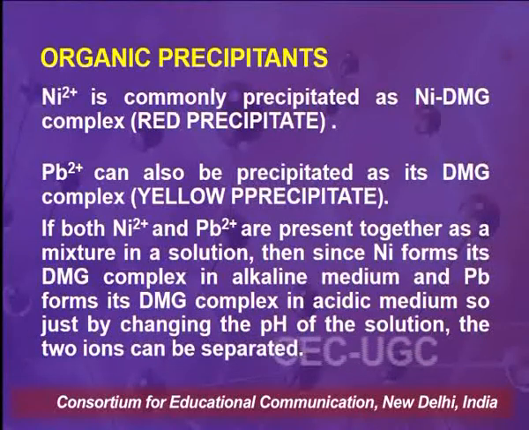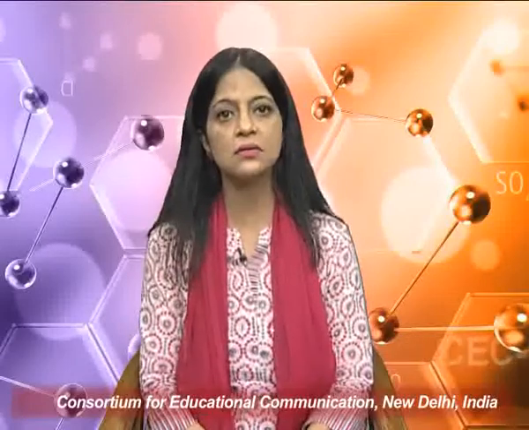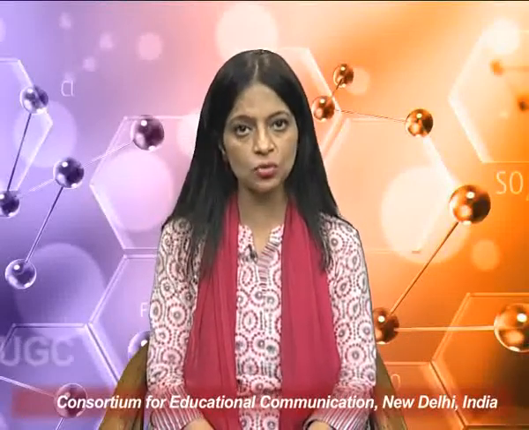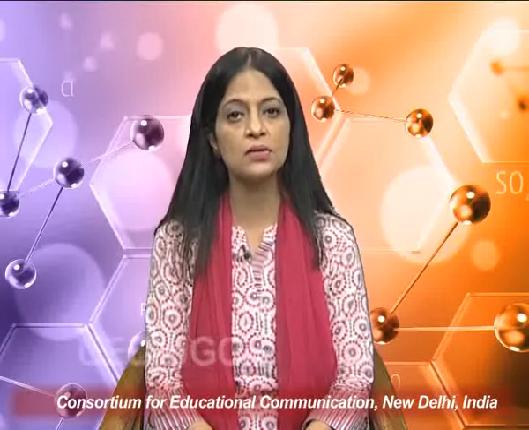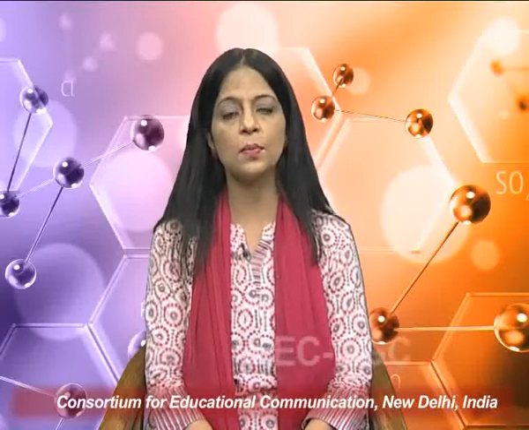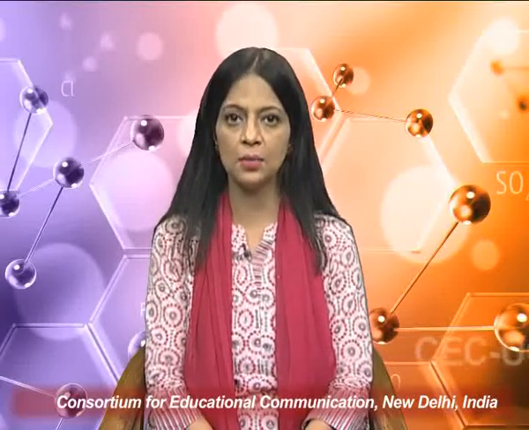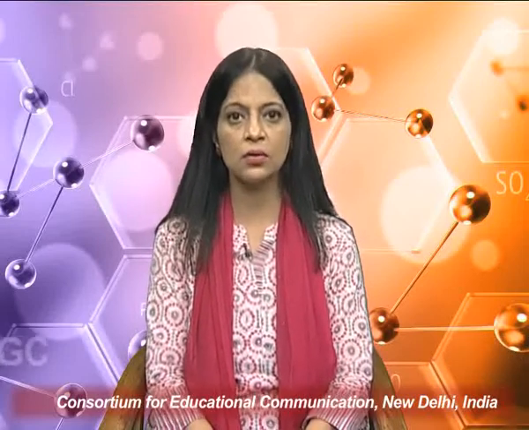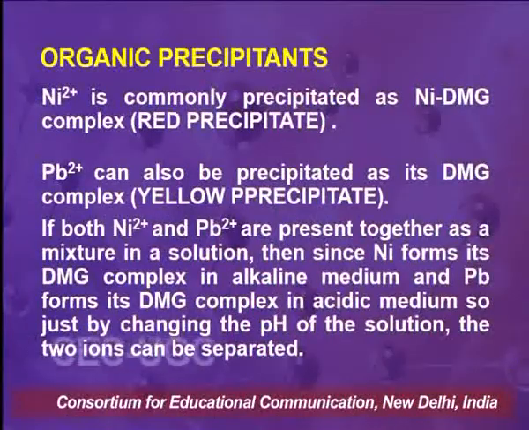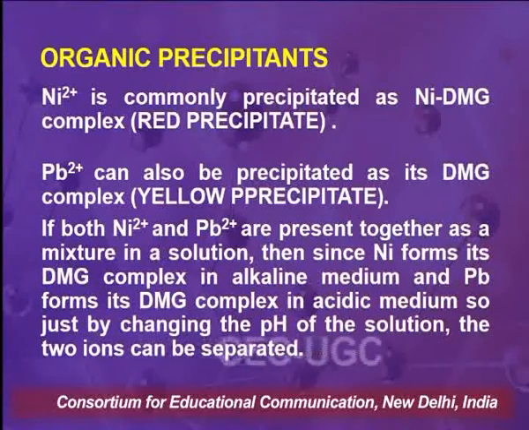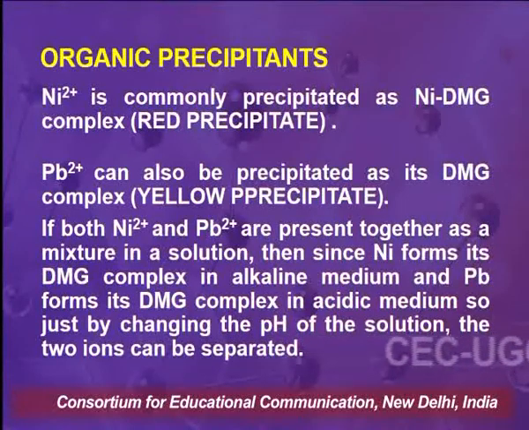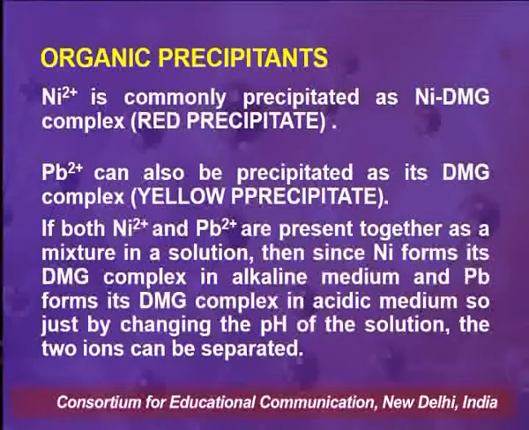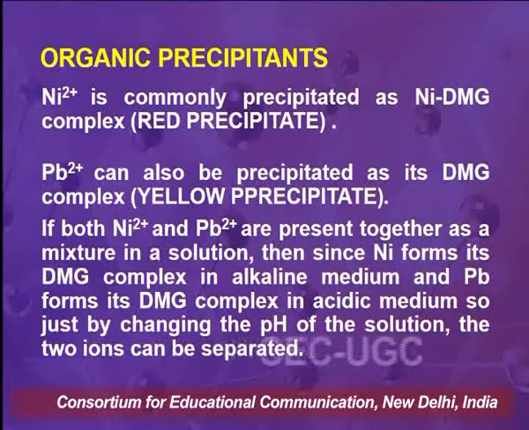If there is a mixture of nickel and lead, the same precipitating agent can be used to separate them in the solution, because nickel will form nickel DMG in alkaline medium, as you can see on the slide, and lead will form its DMG complex in acidic medium. So, first nickel can be precipitated in a mixture of nickel and lead by taking the medium as an alkaline medium by adding ammonia, so that the medium becomes alkaline.